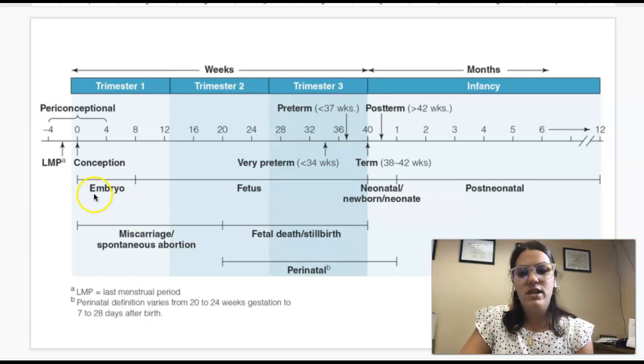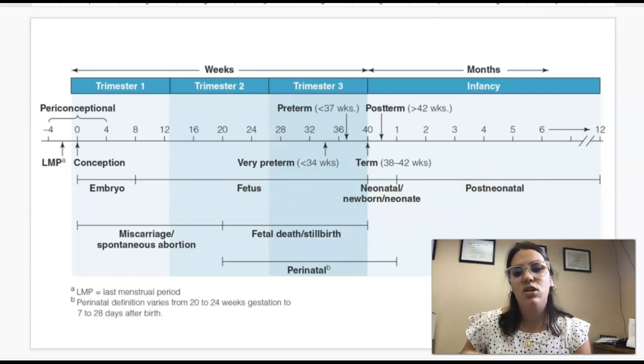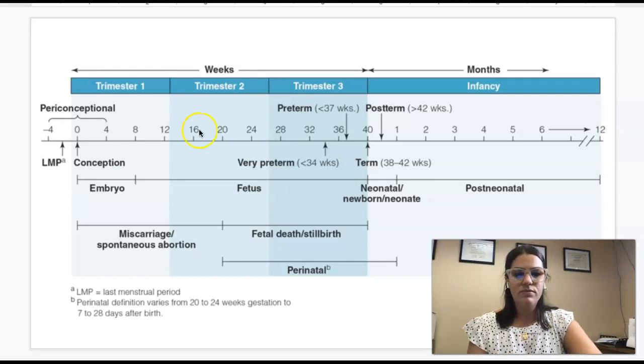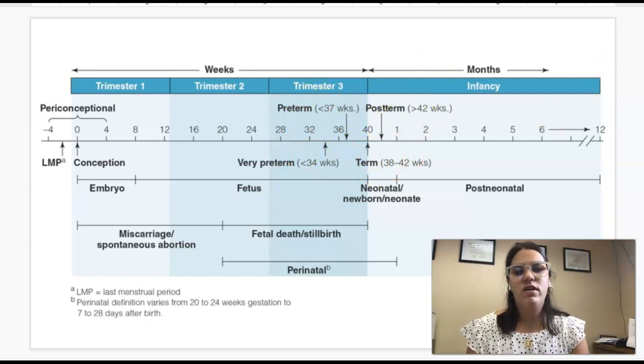So what you see here, these definitions, embryo, fetus, neonate, and postnatal, these are descriptions of the infant along this timeline as well. Last thing I want to point out here is you see very preterm, preterm, full term, and post-term. So the age of the infant is measured in weeks, like we said, but just like we can have a range for full term, we can also classify an infant as preterm, very preterm, or post-term.